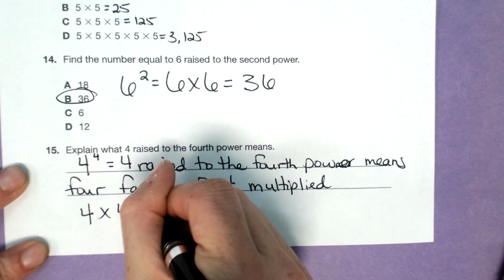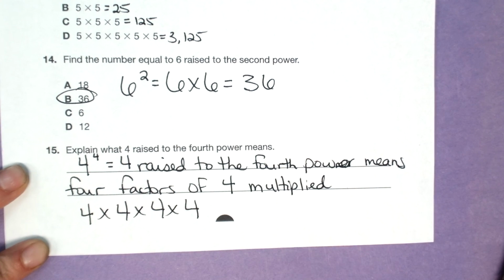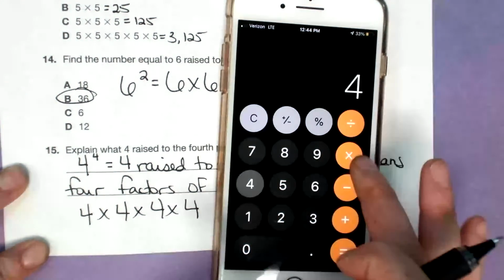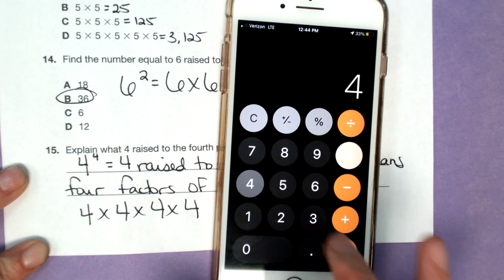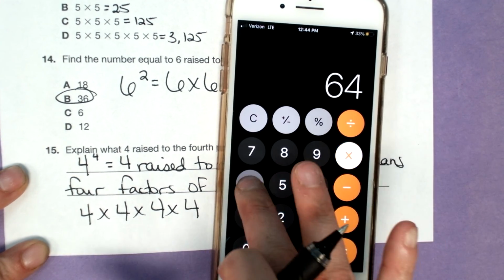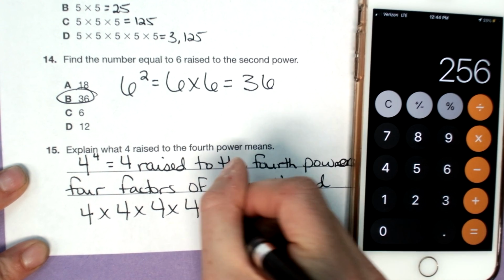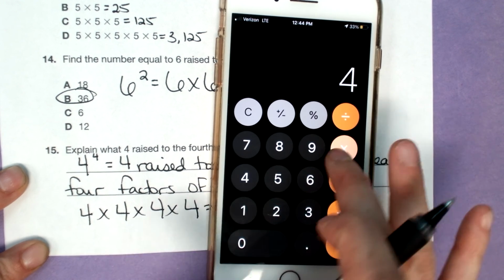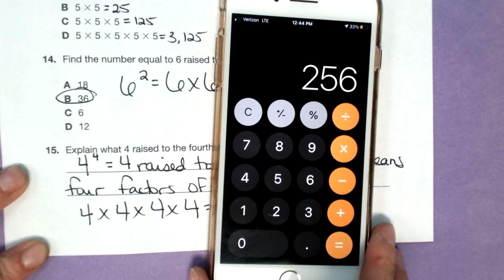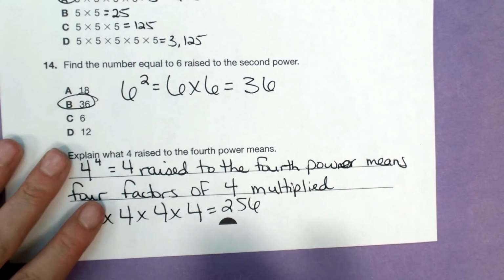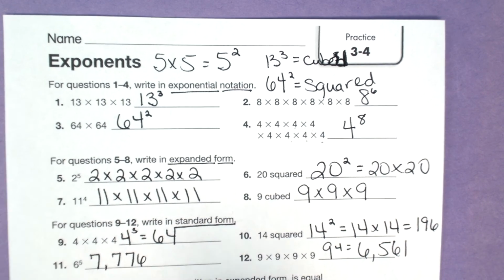So it's 4 factors of 4 multiplied. And if I were to be super duper smart, I could even solve it to make sure that's right. 2, 3, 4, 256. Check it one more time. 1, 2, 3, 4, 256. Okay. So this is 3-4 exponents of grade 5 Envision.